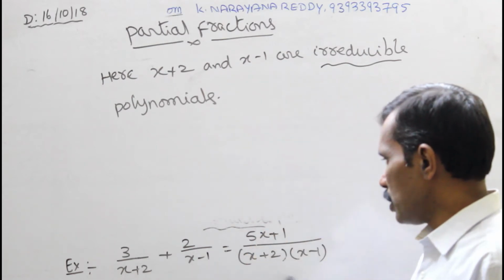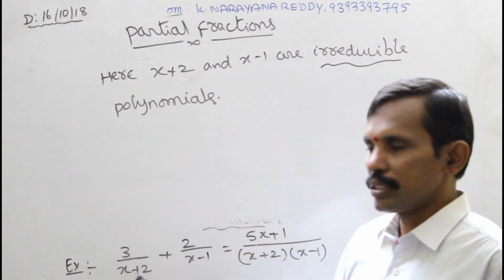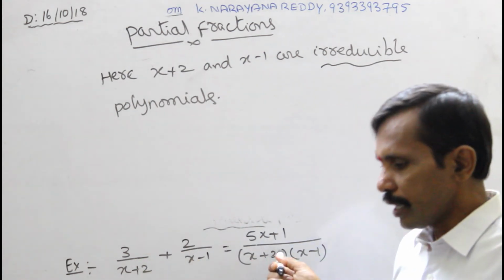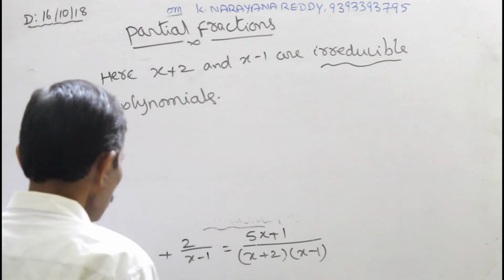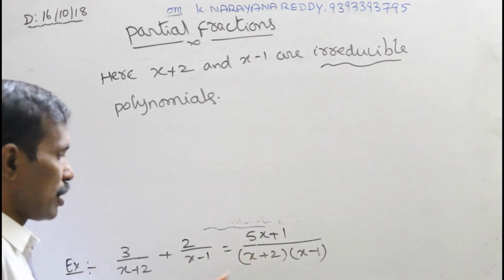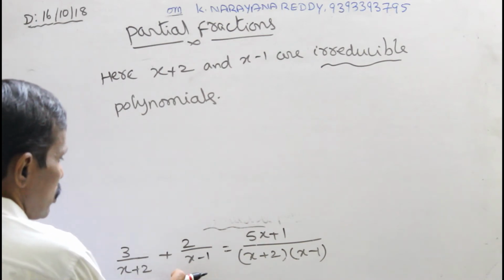This is a proper fraction. This can be divided into these two parts. This is called the partial fractions of this fraction. Okay, left side is two fractions, right side is one fraction. These are partial fractions.